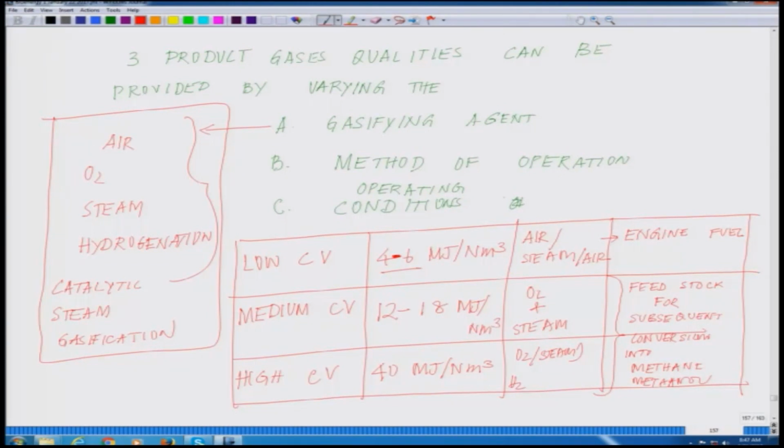Now, if you look at it carefully, compare the values 4 to 6, 12 to 18, and 40. This is a significant difference. Even if I take the higher values, say 6, 18, 40, that is 3 times and this is more than twice, at least twice. Why is there such a huge difference?